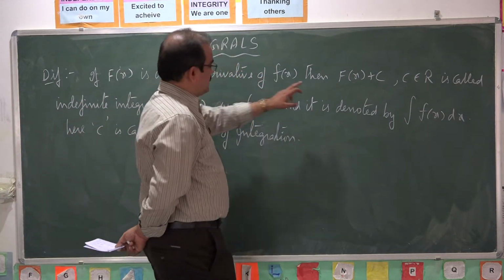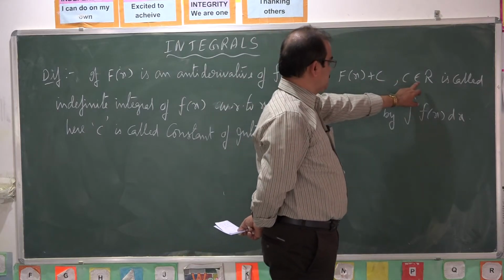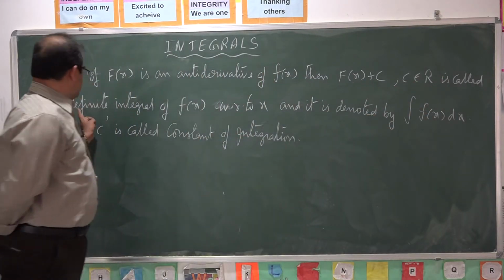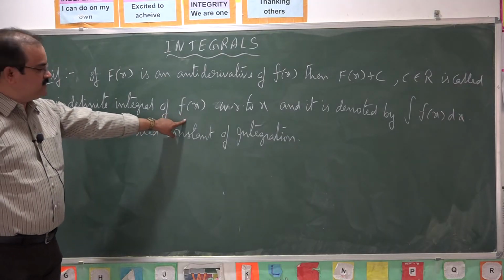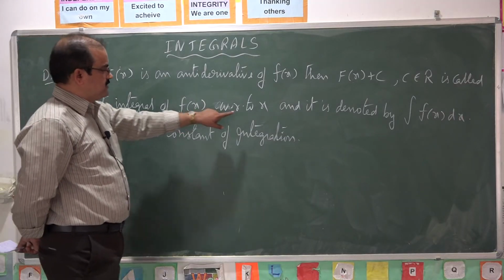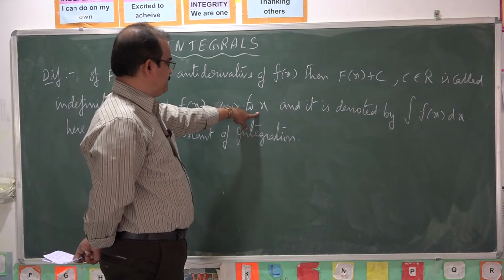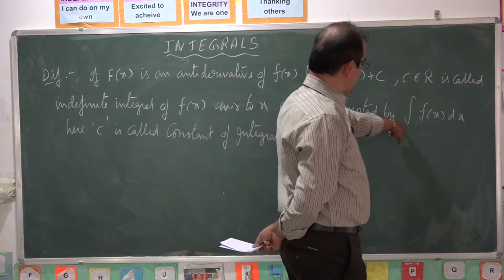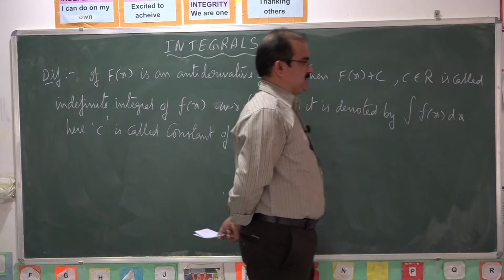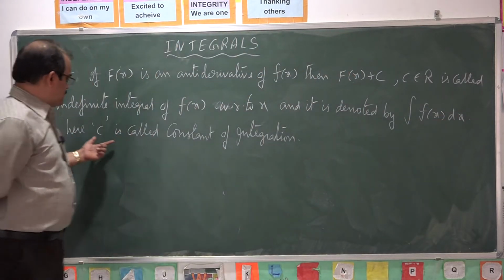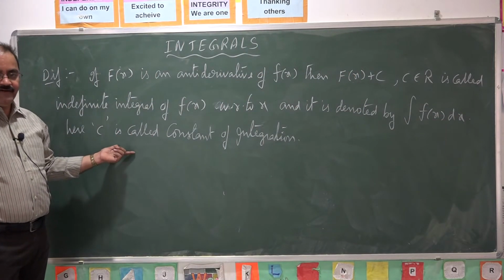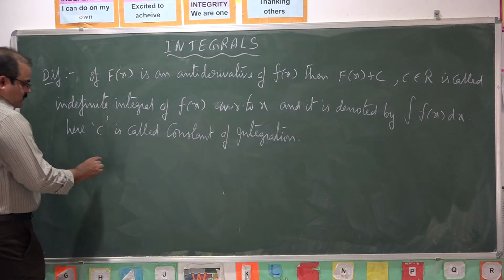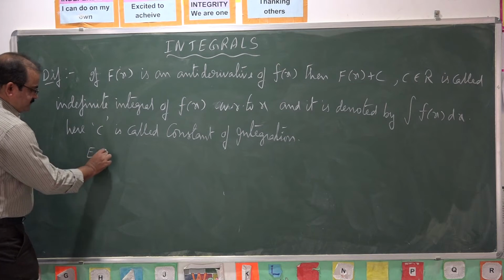Then capital F of x plus c, where c is any real number, is called indefinite integral of small f of x with respect to x, and it is denoted by integral of f of x dx. Here c is called constant of integration. See one more example.